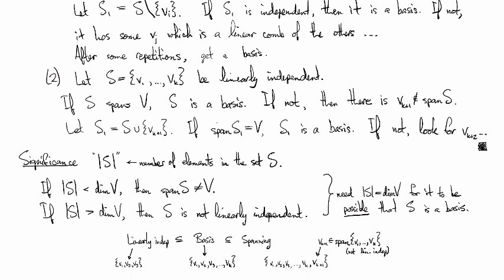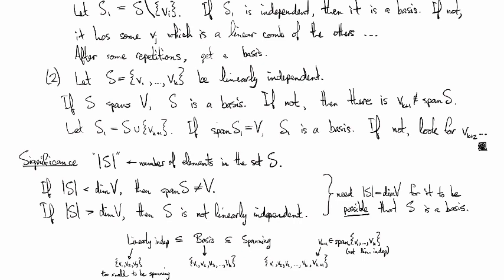And similarly back here, when I took this subset right here, I know that that is not going to be a basis because it is too small to be spanning, because it doesn't have Vk, for example.